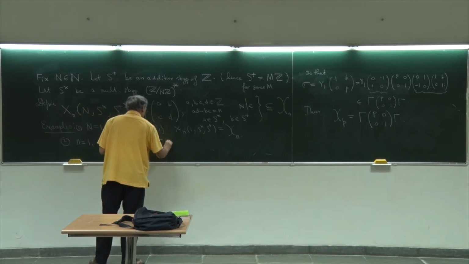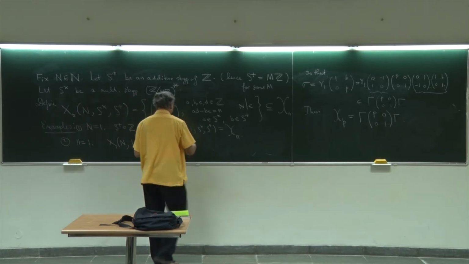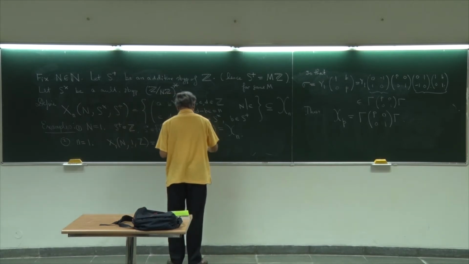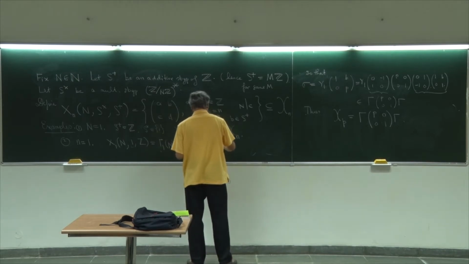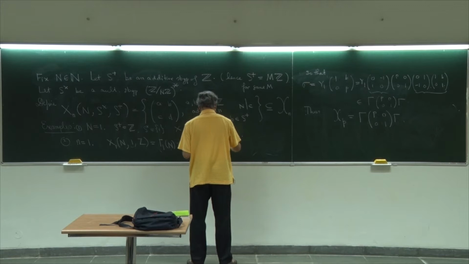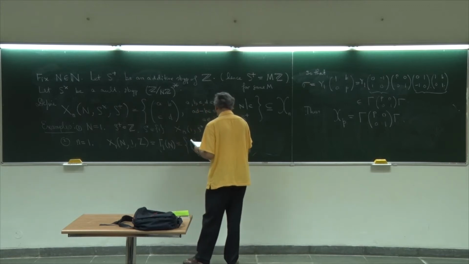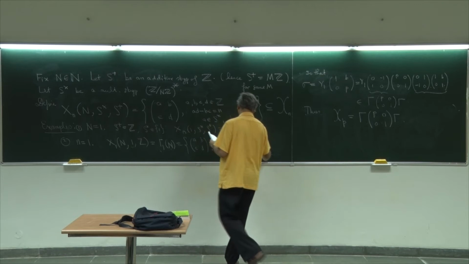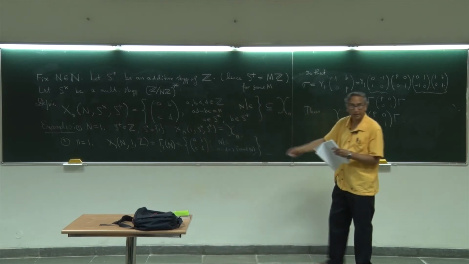Remember what Gamma_1(N) is: the collection of matrices A, B, C, D such that N divides C, and A equals D equals 1 mod N. This was your Gamma_1(N).